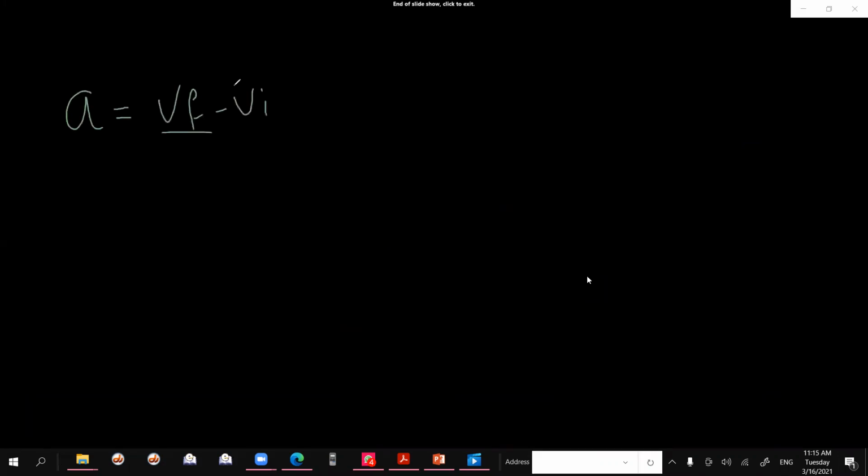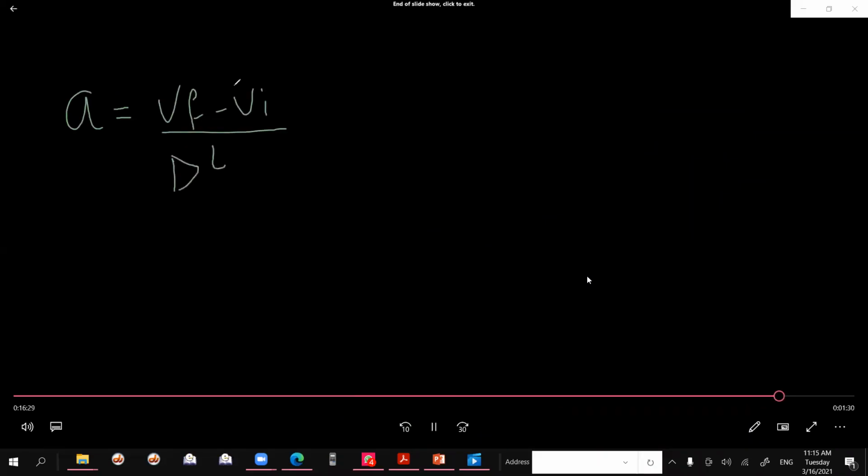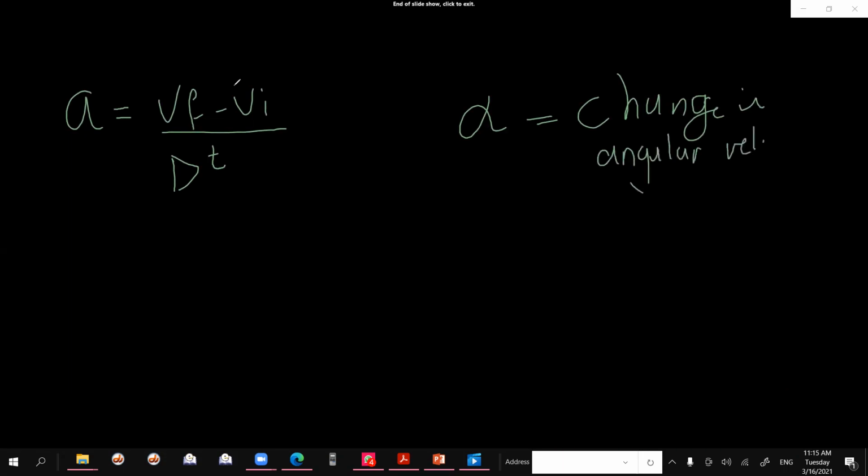We know that the linear acceleration, which is a, is a change in velocity over a change of time. This is a linear acceleration. And the angular acceleration, which we name with alpha, is a change in angular velocity over change of time.